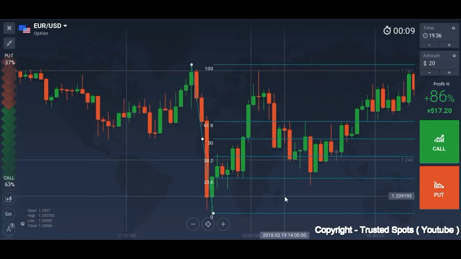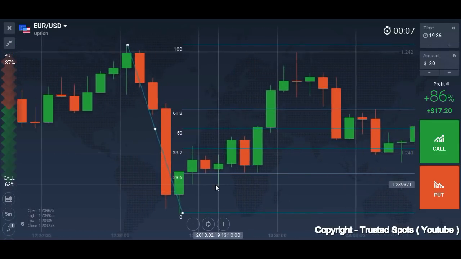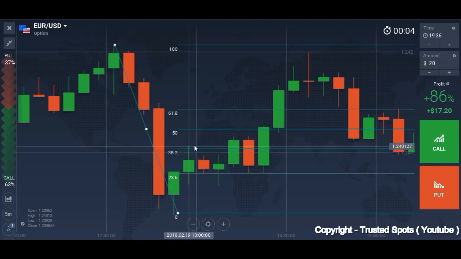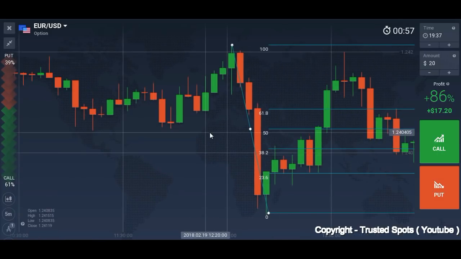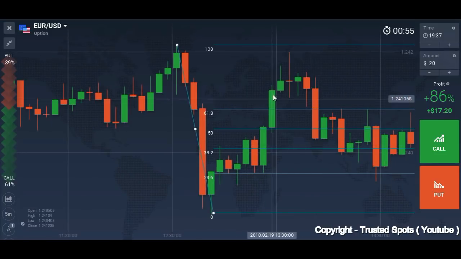In that case, if you see clearly, the 38.2 level gave a small reversal, the 50 level also provided a reversal, and 61.8 is being crossed completely.